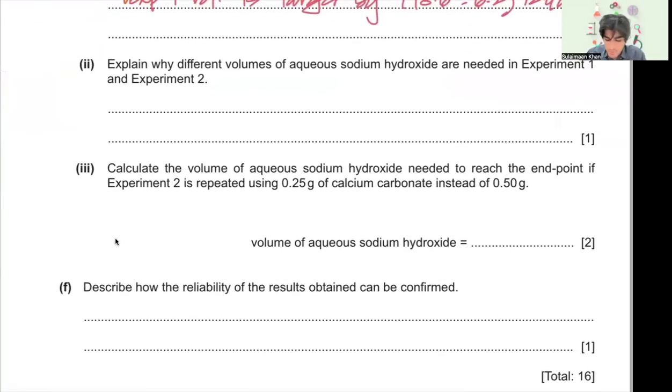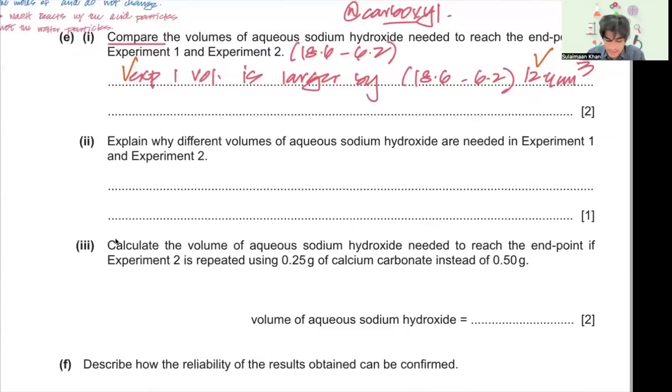Explain why different volumes of aqueous sodium hydroxide are needed in experiment 1 and in experiment 2. Now you are asking me to explain why. It's different because in experiment 2, you added calcium carbonate. And what happened because of that? That used up some of the HCl.